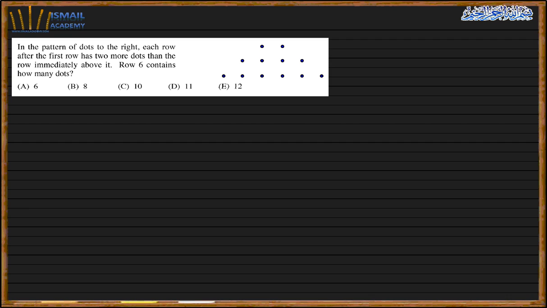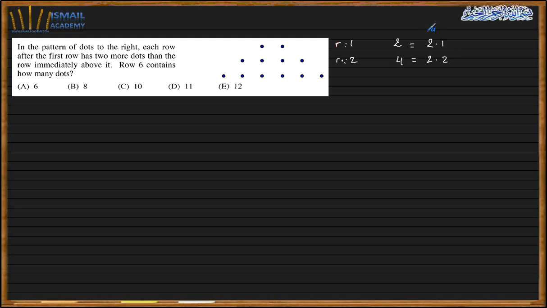Each row has two more dots than the row immediately above it. So row 6 contains how many dots? You see the first row, row 1 has two dots, which is 2 times 1. Row 2 has 4 dots, which is 2 times 2.